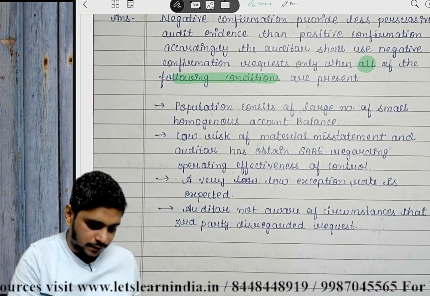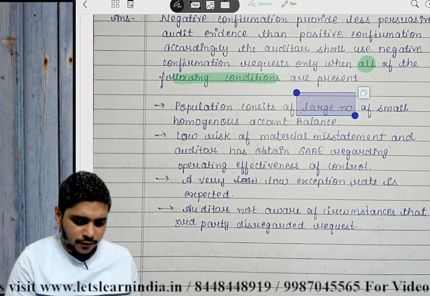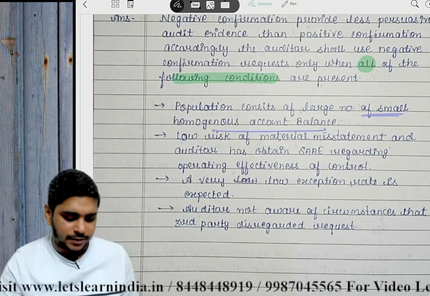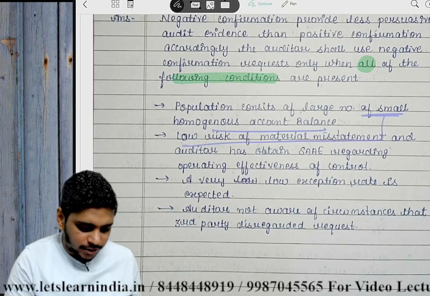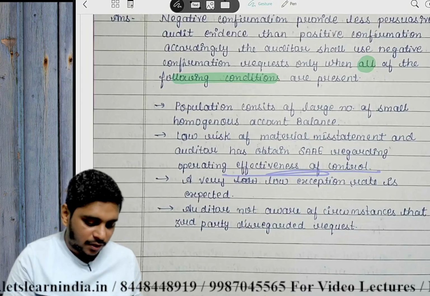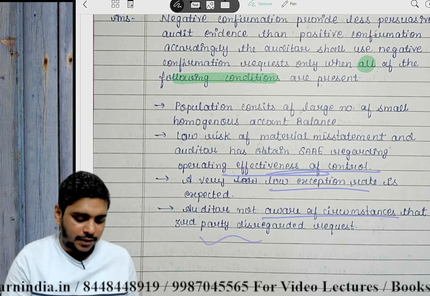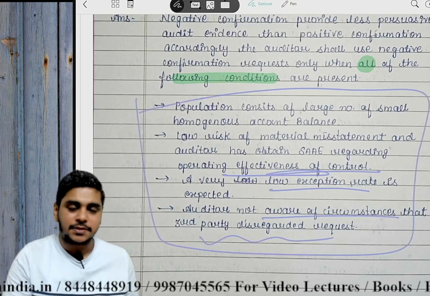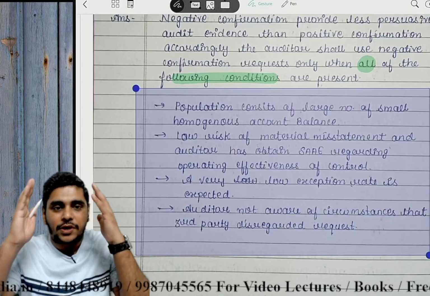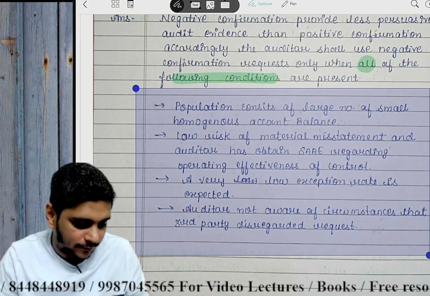See this, this is the answer. It is there in the notes. Population consists of a large number of small homogeneous account balances, that is basically data, low risk of material misstatement, and evidence obtained regarding the effectiveness of internal control is effective, a very low exception rate is expected, and the auditor is not aware of any circumstance that would cause the third party to disregard the request. This is the answer. So the questions they are framing are direct only, but they will use a story.